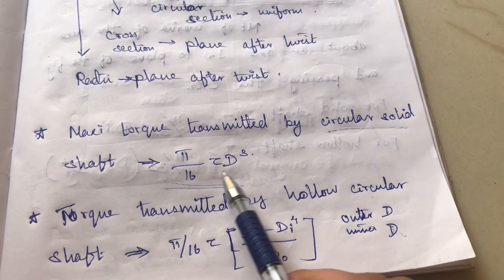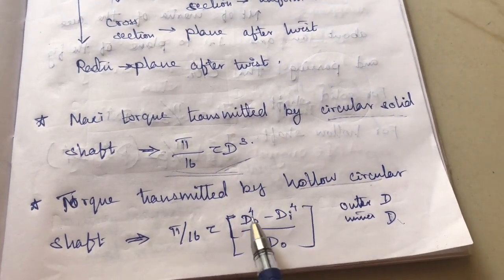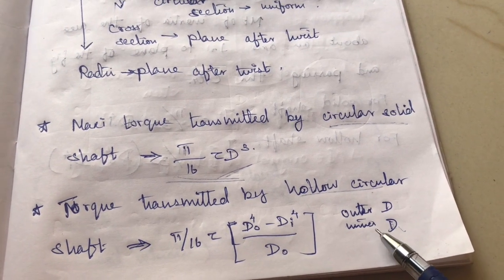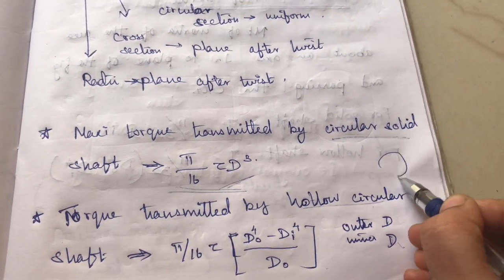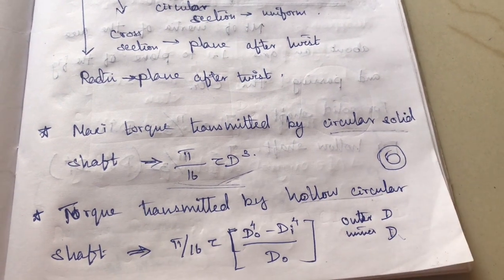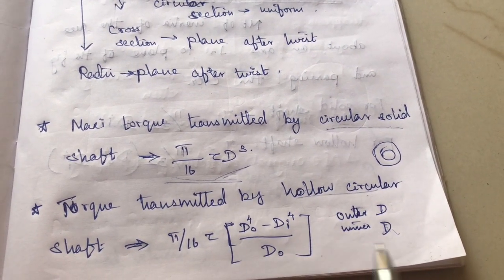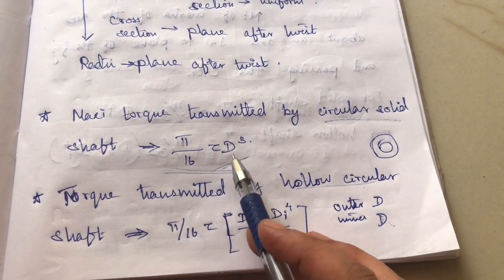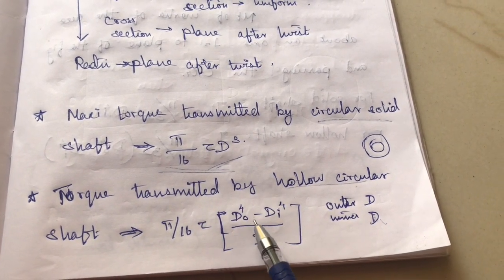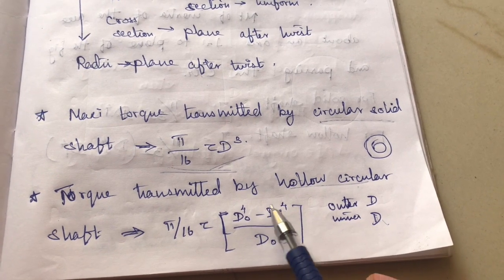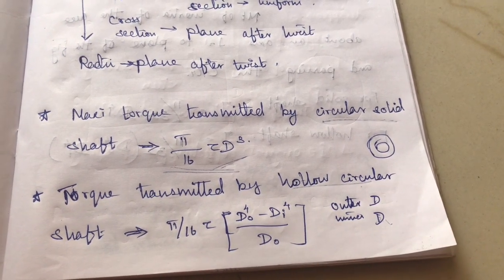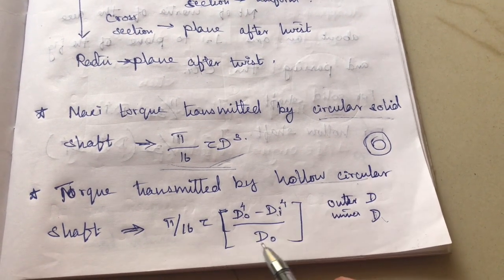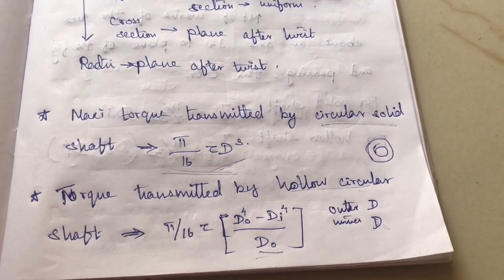Circular solid is this one, and for a hollow shaft you need to include two diameters, the outer diameter and the inner diameter. So this is the formula: pi by 16 tau into d cube, into d naught power 4 minus di power 4 by d naught, where d naught means outer. Okay, so this is the formula.